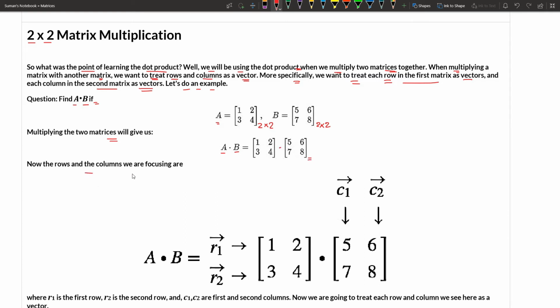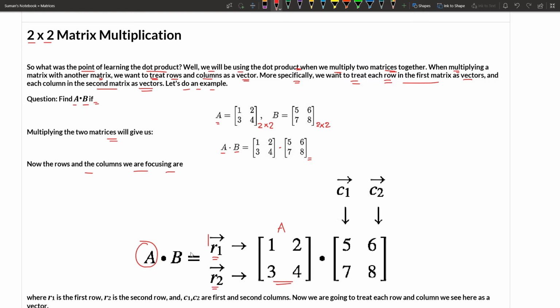Now the rows and the columns are our focus here. For the first matrix, A, we treat 1, 2 as row 1, and we call it R1. And another row, the second row of matrix A, is noted as R2.